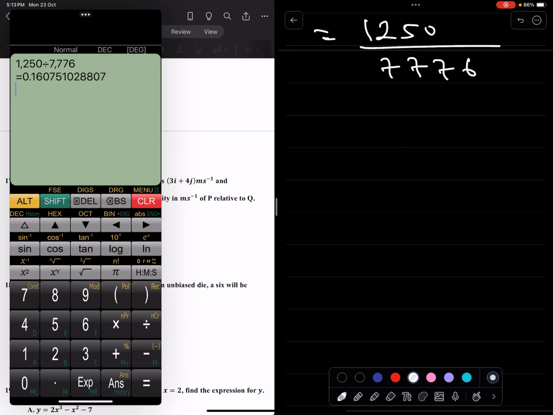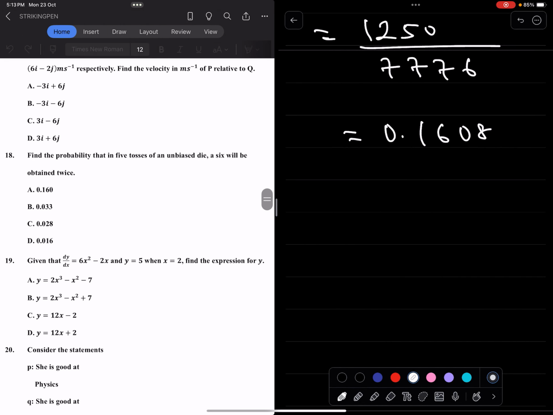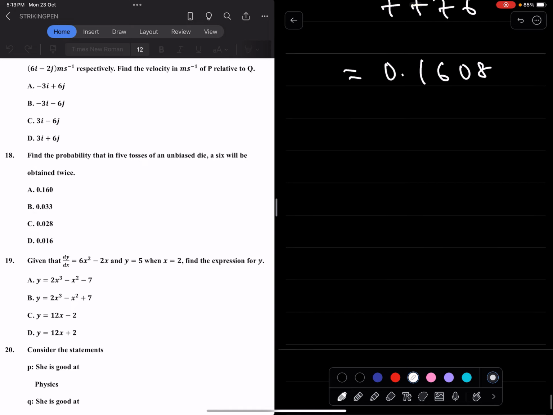And that's the same as 0.1608. Let's see which of the options matches that. The correct option is A, 0.160.